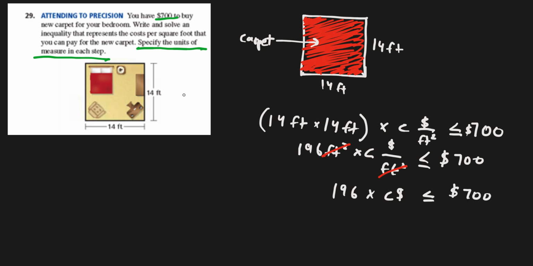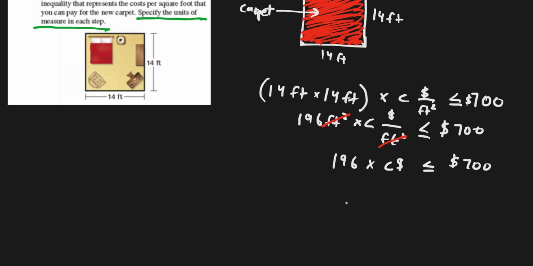Now, this is actually a weird way to write it. Dollars per feet squared. You could have written it like $C per feet squared. This would have been fine as well, but we wrote it now, so it's fine. Then we can divide by 196 on both sides, and we will still have dollars.